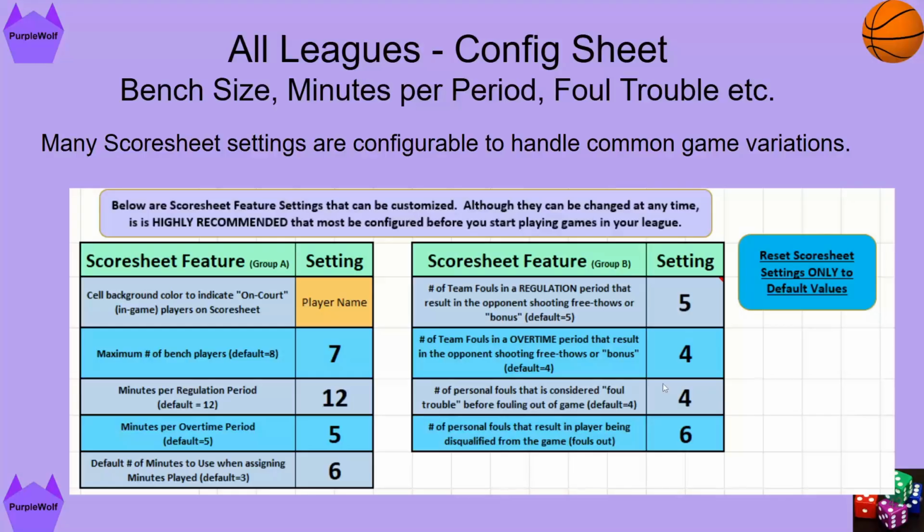And then the bottom one is, what's the number of fouls before you get disqualified or foul out of the game? When it reaches this number, it'll change the color again so you can identify that this person fouled out.